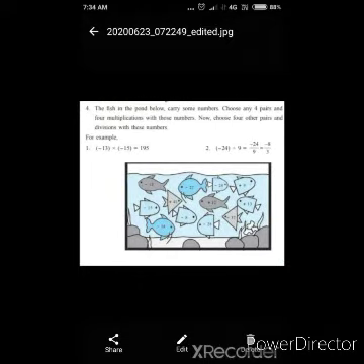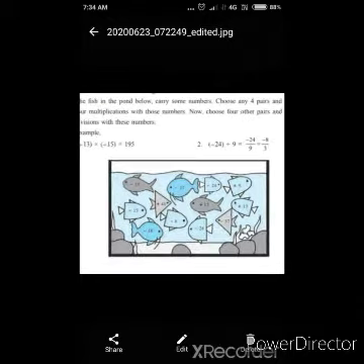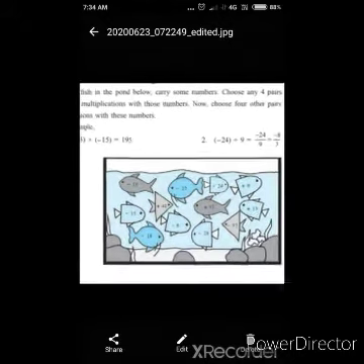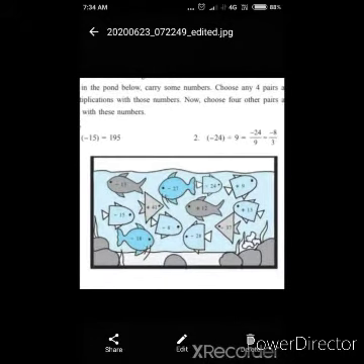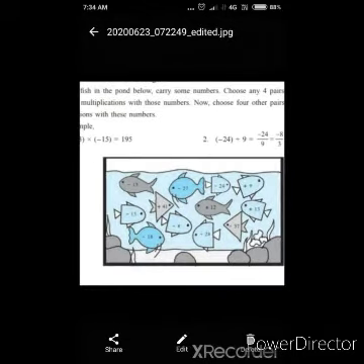So multiplication of two negative numbers gives a positive integer. Number 2, minus 24 divided by 9, that is minus 24 upon 9, dividing by 3, we get minus 8 upon 3. So we have to take 2 integers and find their multiplication. Similarly, we have to take 4 pairs for division and find their divisions.